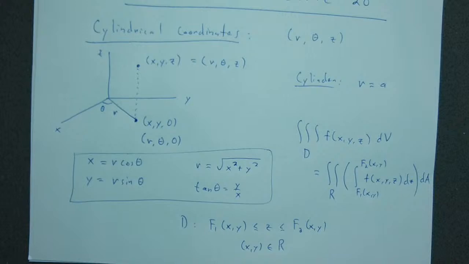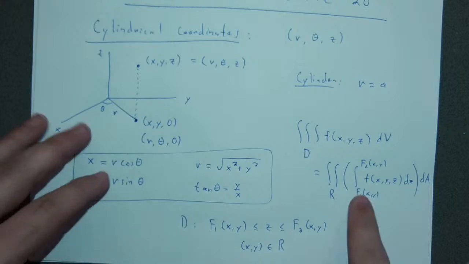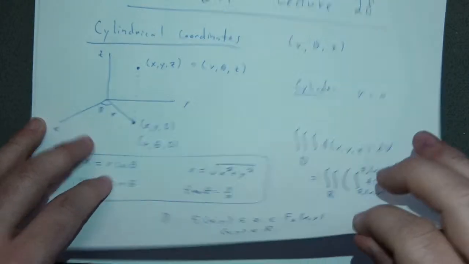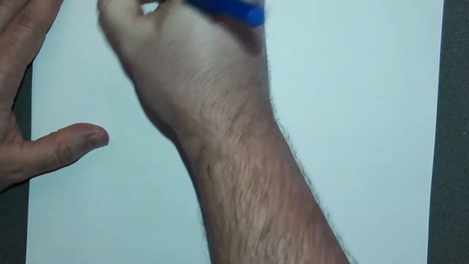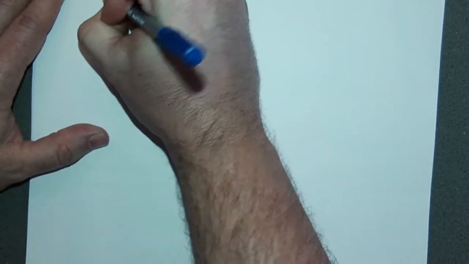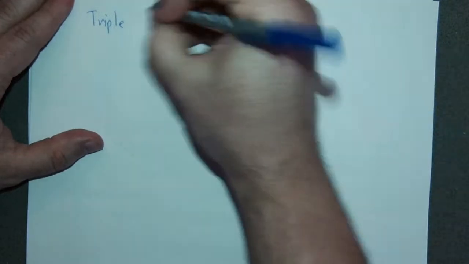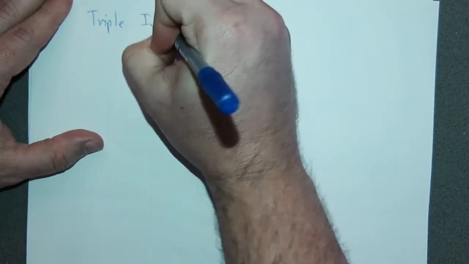Remember, when we were doing double integrals, switching to polar coordinates allowed us to handle integrals that were trickier if the region was nicer in polar coordinates. So let's see how this works for triple integrals in cylindrical coordinates. We have the following fact. This is how I compute triple integrals in cylindrical coordinates.